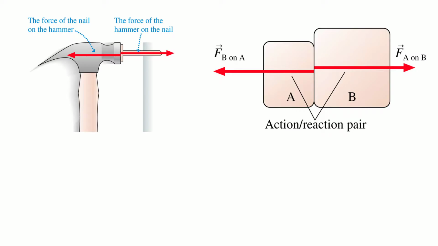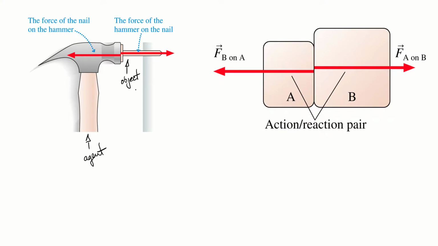You can think of examples like a hammer banging on a nail. That hammer clearly is exerting a force on the nail and driving it into the wood or whatever we're nailing. In that case, the hammer would be the agent applying the force, and the nail would be the object we're analyzing.